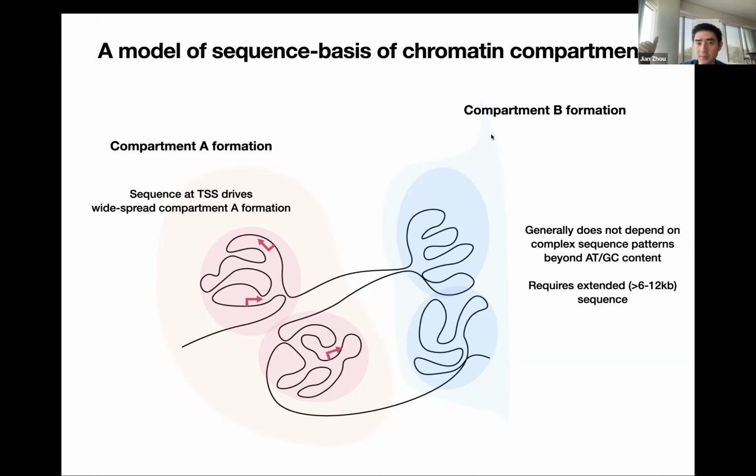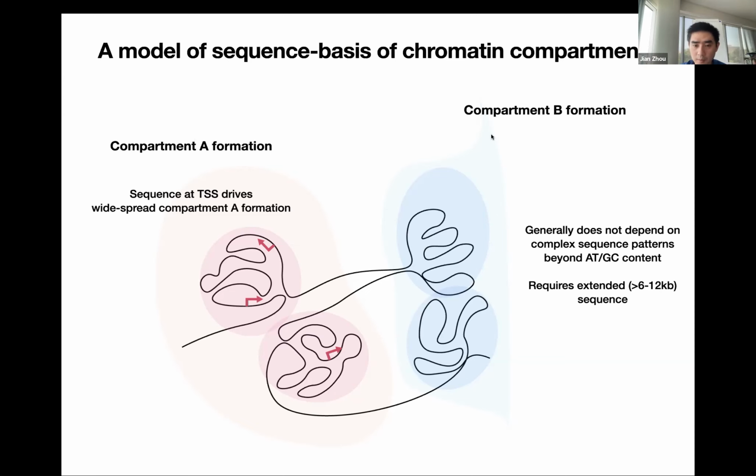Whereas if you cut the genome into fragments shorter than 10 kb, then the chromatin compartments start to dissolve. That's the result from Job Dekker's lab. This length scale is interestingly consistent with the length scale the model predicts to have a strong impact on the chromatin compartment, and maybe is related to the length scale that is necessary for the mechanism of compartment B formation.